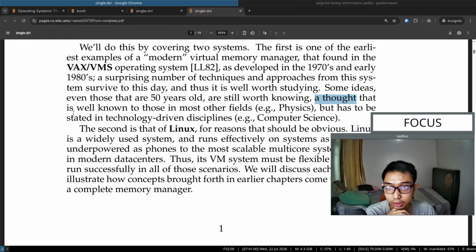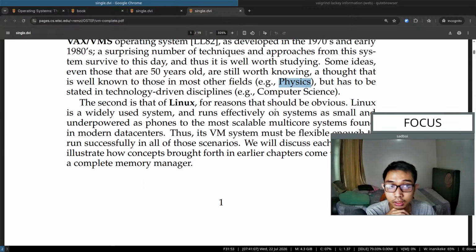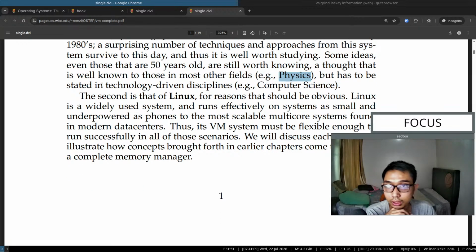A thought that is well known to those in most other fields, for example physics, but has to be stated in technology-driven disciplines, for example computer science.